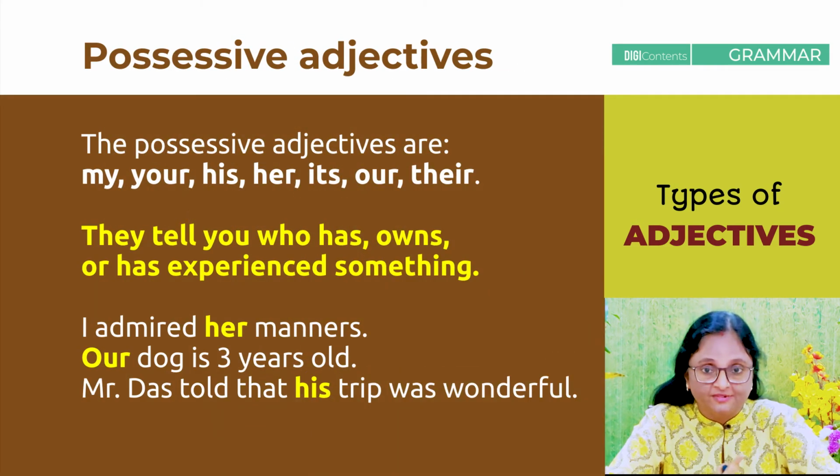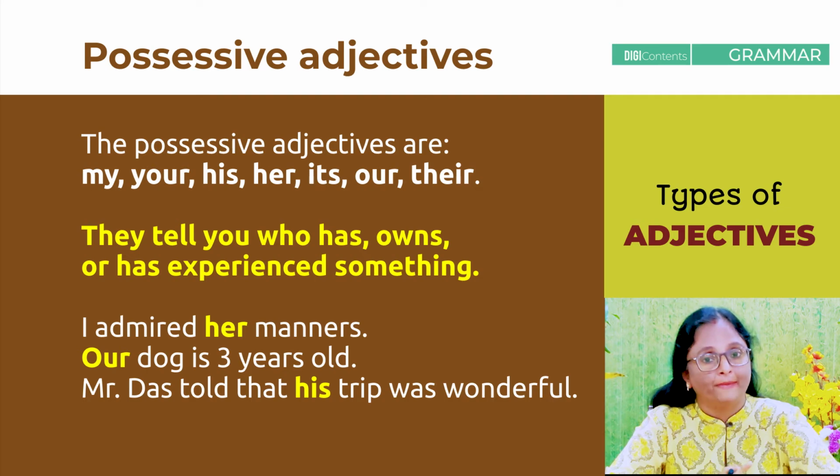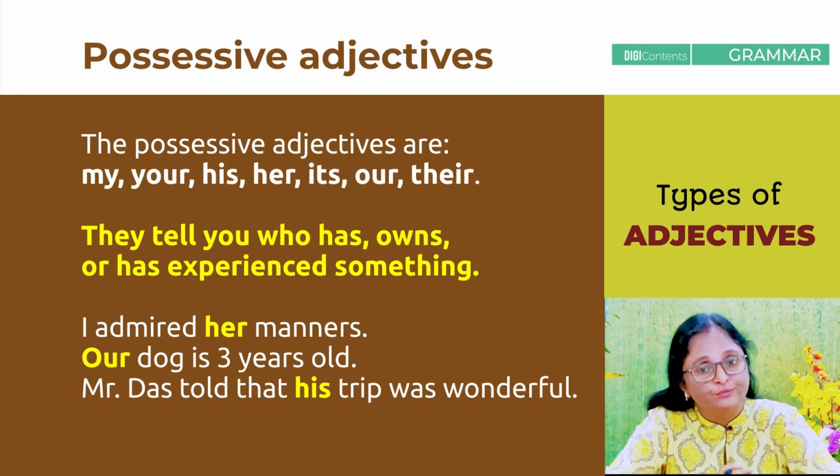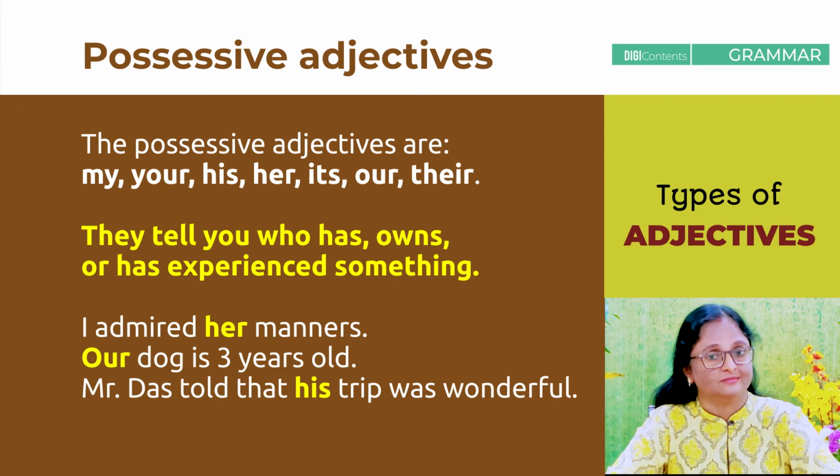The possessive adjectives are my, your, his, her, its, our, their. They tell you who has, owns, or has experienced something. I admired her manners.